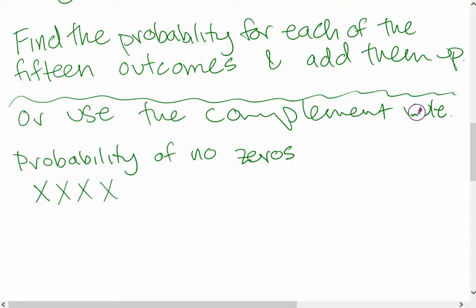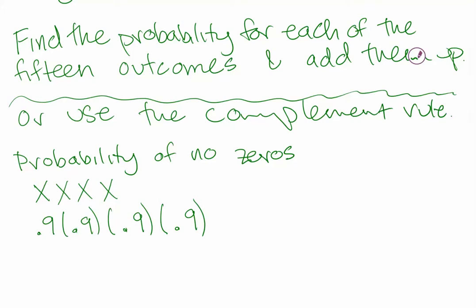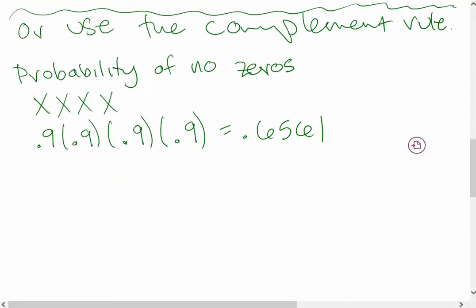So the probability for that would be 0.9 for the first not 0, times 0.9 for the next not 0, times 0.9 for the next not 0, times 0.9 for the next not 0. If we multiply all these together, we get 0.6561.